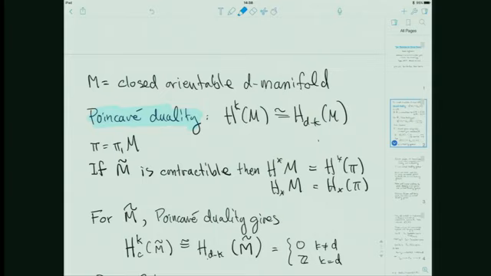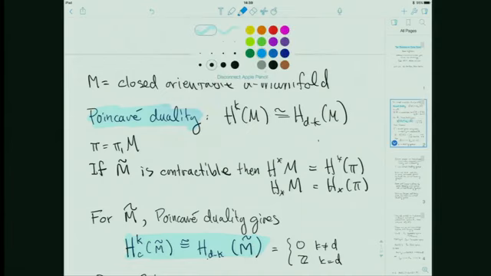If you look at the universal cover M tilde, well, that's quite likely not compact anymore. But Poincare duality doesn't really care. If you look at Hatcher, for instance, how you prove Poincare duality, you prove it by looking at cohomology with compact supports. And the actual theorem is that if M is contractible, then the cohomology with compact supports is isomorphic to the homology in the complementary dimension.